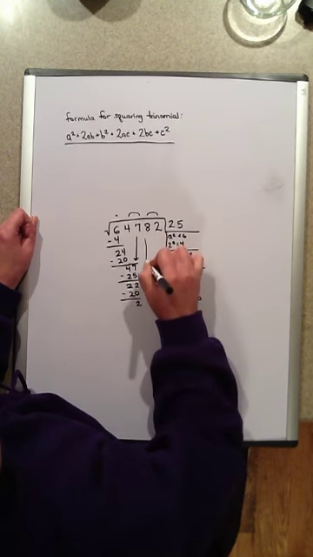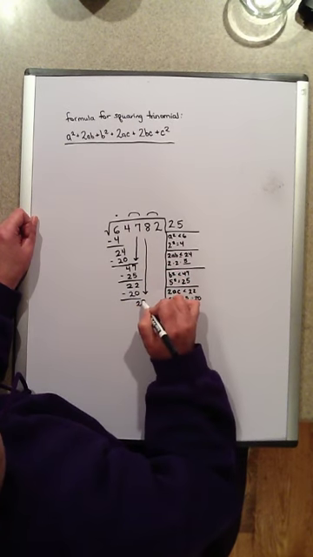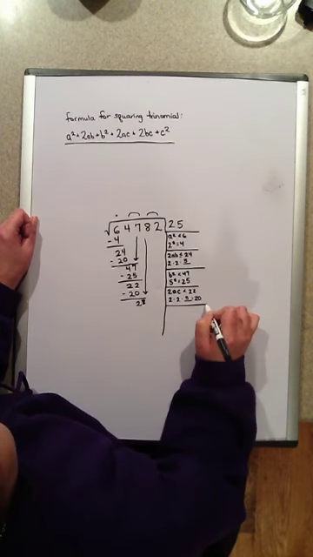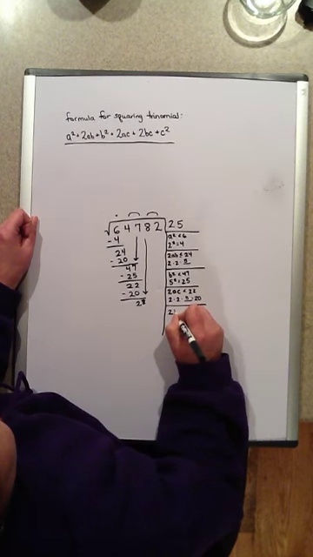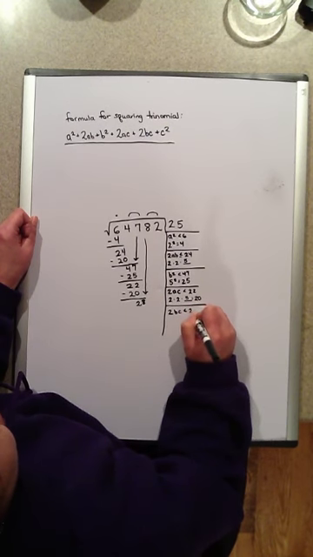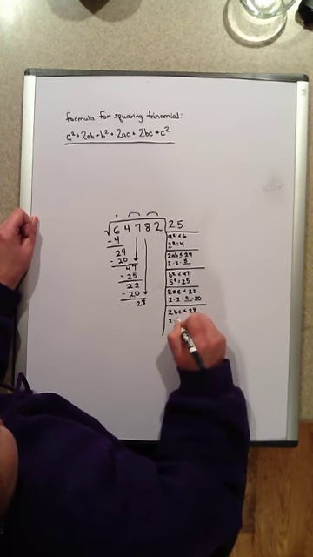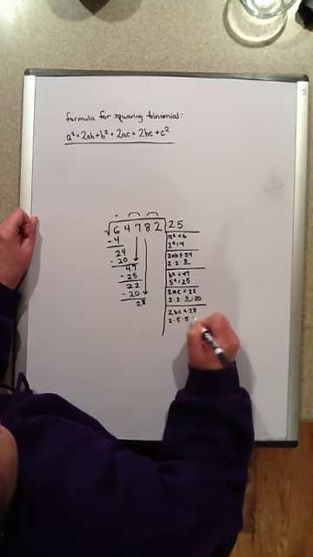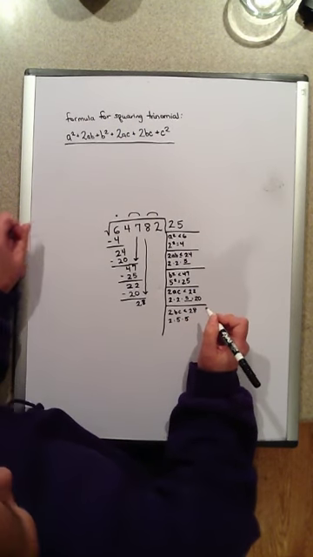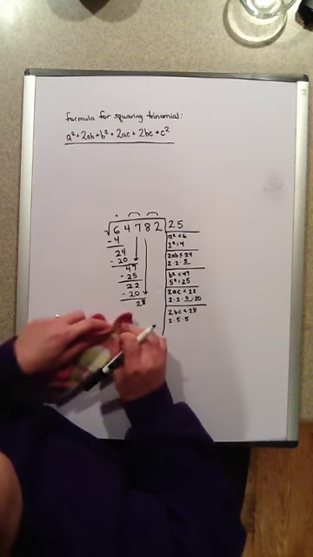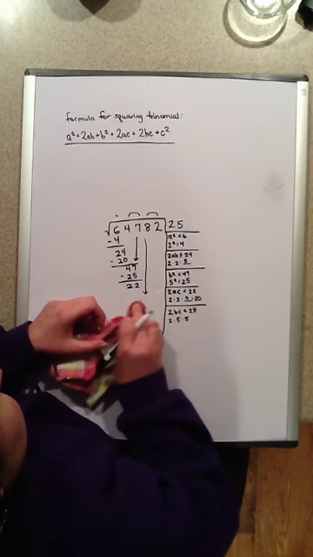We'll bring down the 8. 2bc has to be less than 28. 2 times 5 times 5. That is not less than 28. So we need to go back a step.